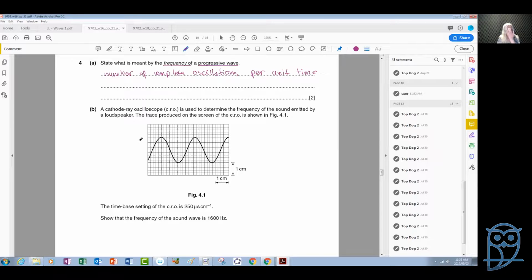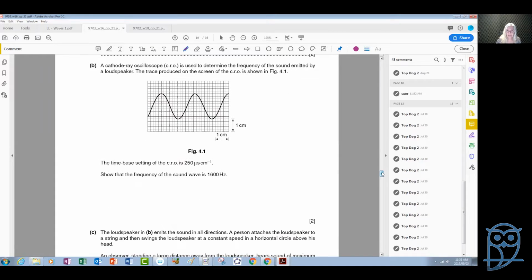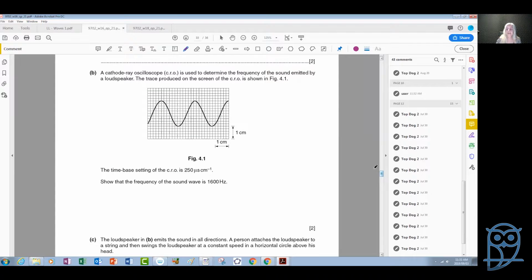Now let us go to the proper question after the definition. It says a cathode ray oscilloscope is used to determine the frequency of the sound emitted by a loudspeaker. The trace produced on the screen of the oscilloscope is shown in the figure.